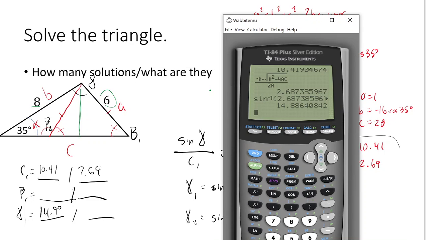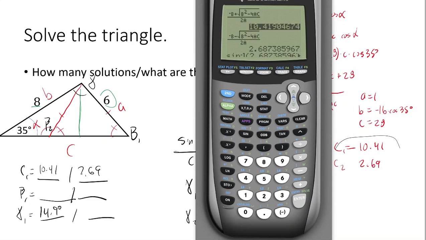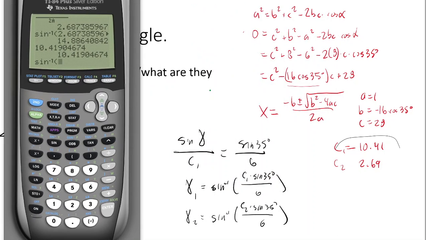The other one, let's just go up and get this value. Okay, so we want inverse sine of that value times the sine of 35 degrees divided by 6, which gives us our other possible angle of 84.9 degrees.